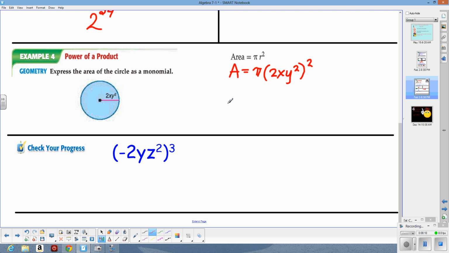Well, you could at this point say the area is equal to pi times 2xy squared times 2xy squared. And then based on what we've already talked about, we're going to go ahead and multiply the coefficients. 2 times 2 is 4.